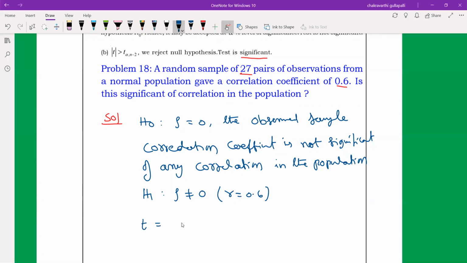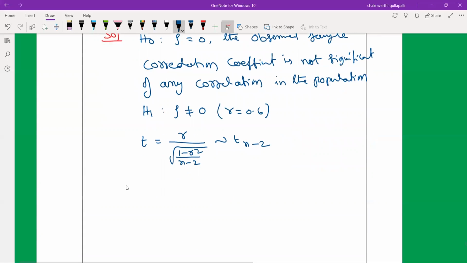Test statistic t is equal to R by square root of (1 minus R square) by (n minus 2). This follows a t distribution with n minus 2 degrees of freedom. Now under H naught, substitute the R value: 0.6 by square root of (1 minus 0.36) divided by 25, where n is 27 pairs.